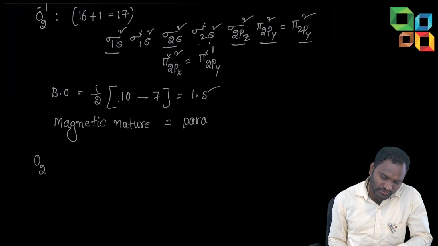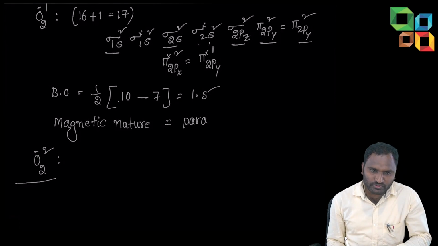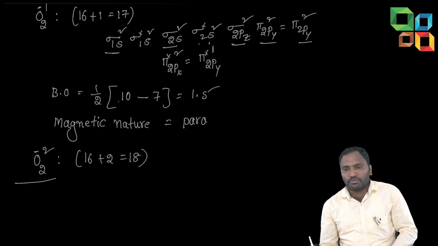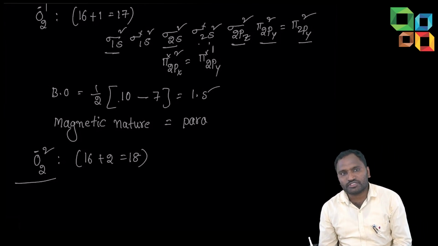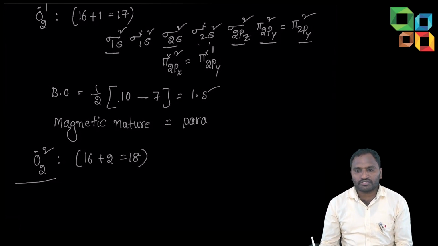Next, O2 minus 2. O2 minus 2 means how many electrons? 16 plus 2, 18 electrons you have to arrange. Tell me the bond order and magnetic nature, students.